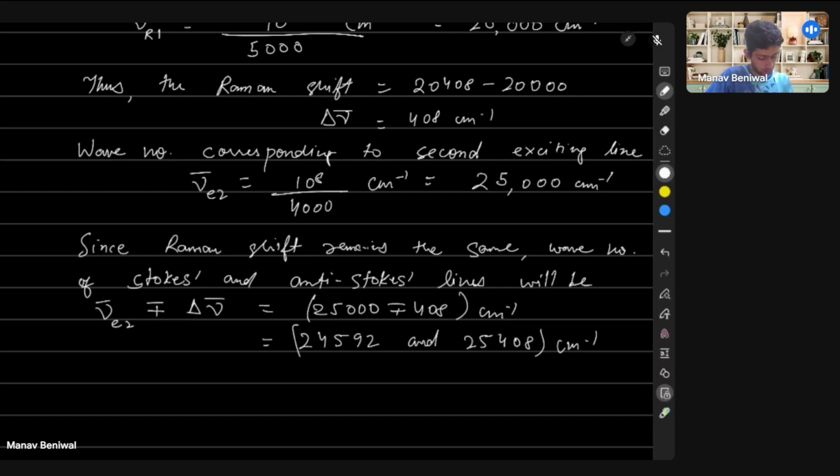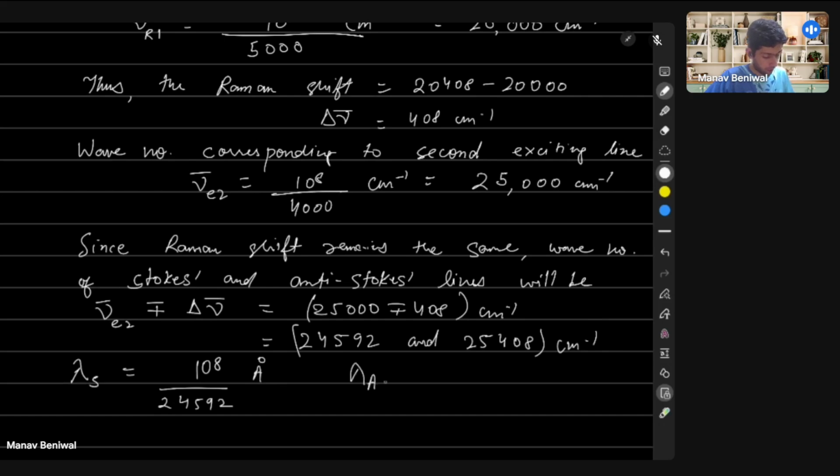To convert to wavelength, lambda of the Stokes line will be 10 to the 8 divided by 24592, since this is in centimeters, and this will then be in angstroms.